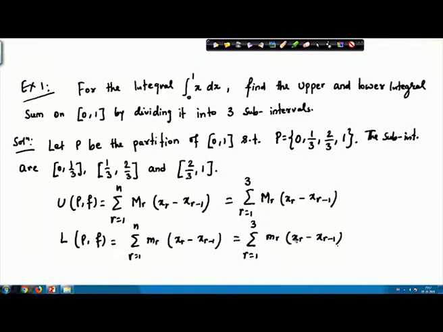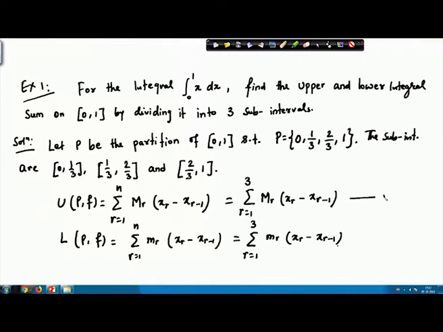Note that capital Mr and small mr are the supremum and infimum, or upper bound and lower bound, of the function f, which is x here, in these individual subintervals. Let's name this equation 1, and this equation 2.